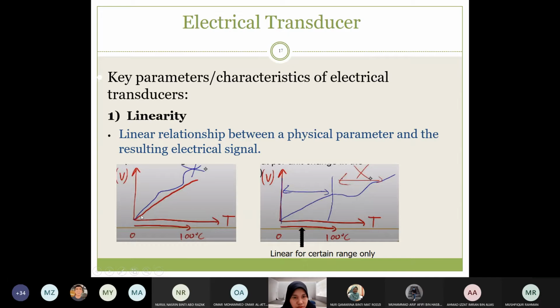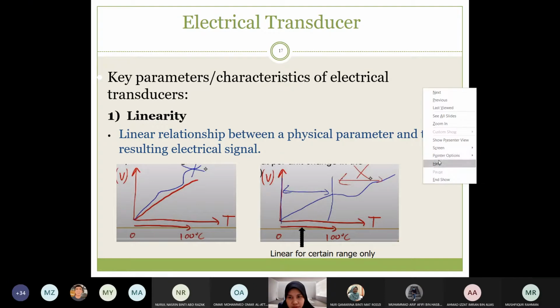Okay, so the plot must be in red color like this, not like this blue color. A linear device must be linear for all range of reading. For example, this graph shows that this device is linear for a certain range of reading only.